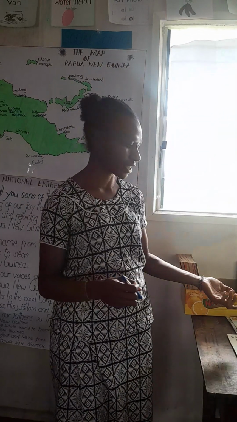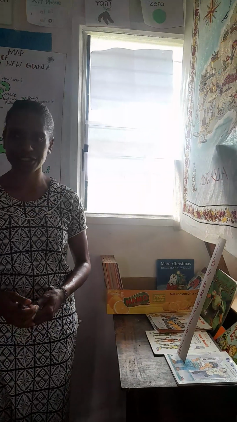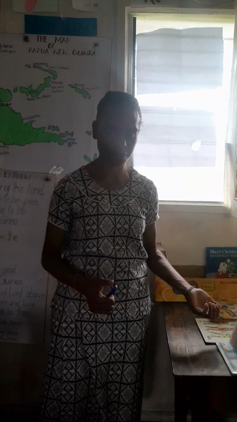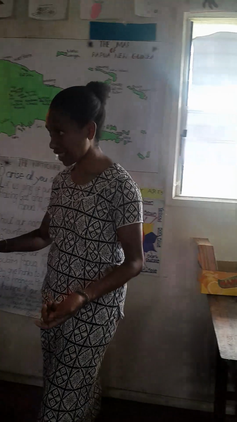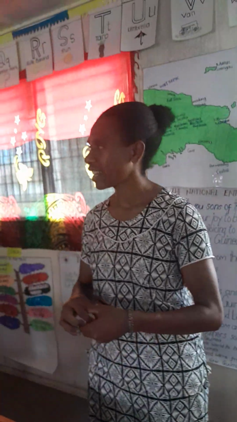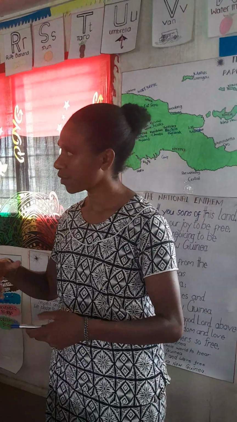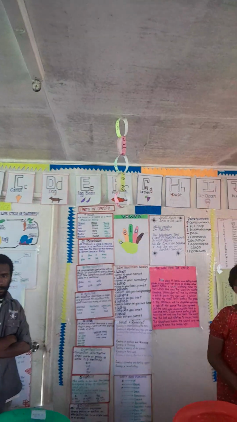So that's why we put this little one, so that when we have some leisure time, or when the children are free during lunch time, they can go to the library section and grab whatever books they want and read. And the main idea for putting all these things is that they will look at it after reading, and the more they read, it will motivate them to love reading.